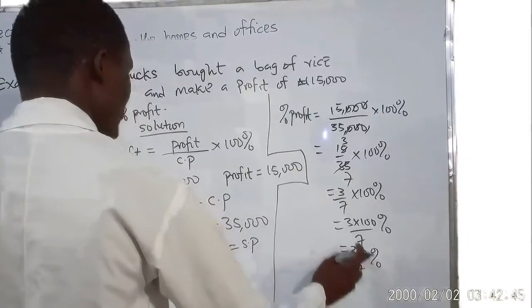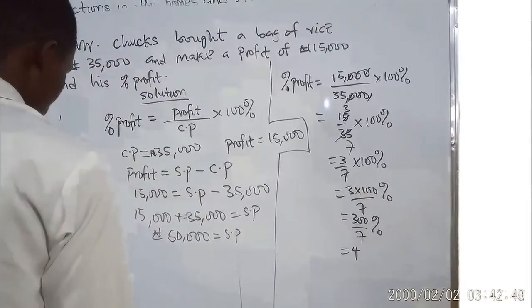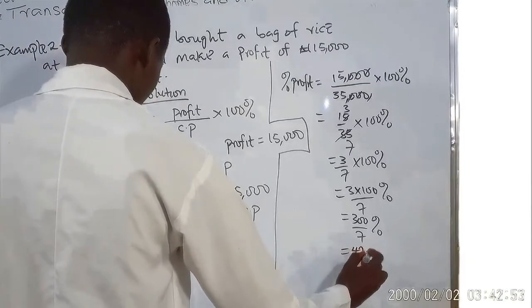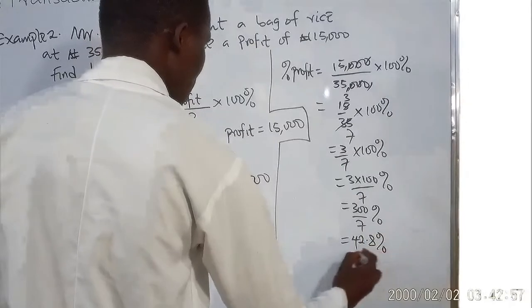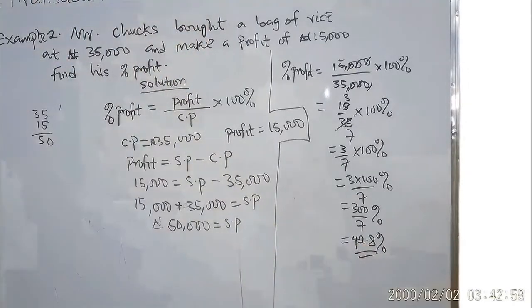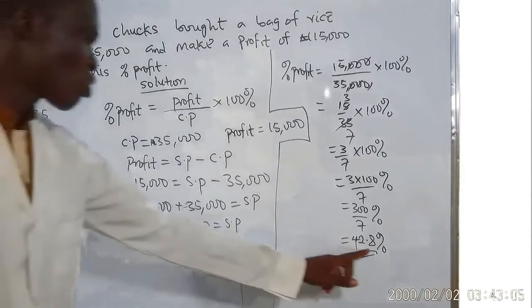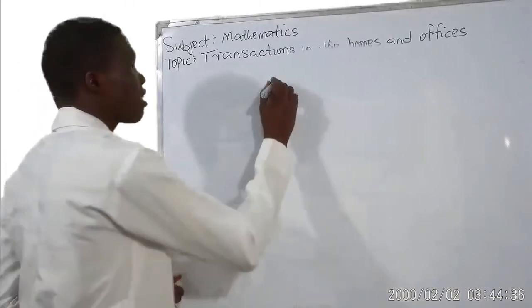If you divide 300 by 7, it will give you 42.8%. So that means the percentage profit of Mr. Jukes would be 42.8%.